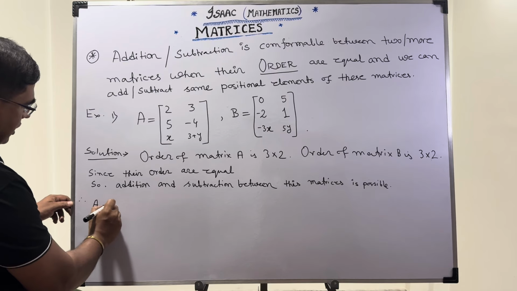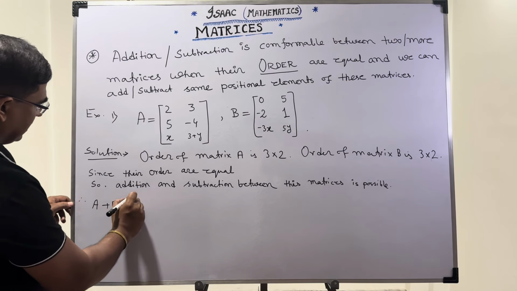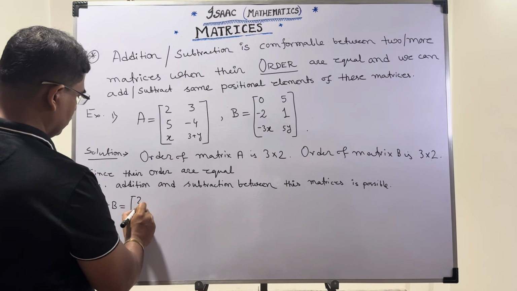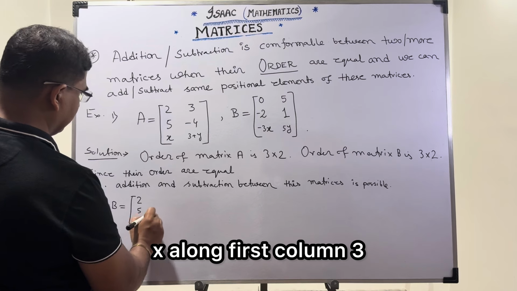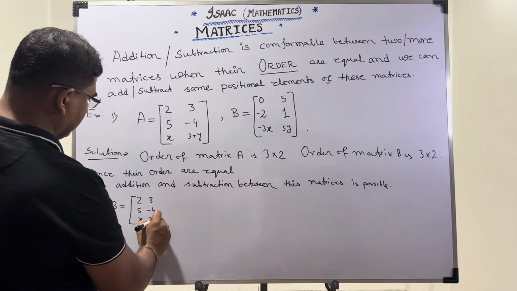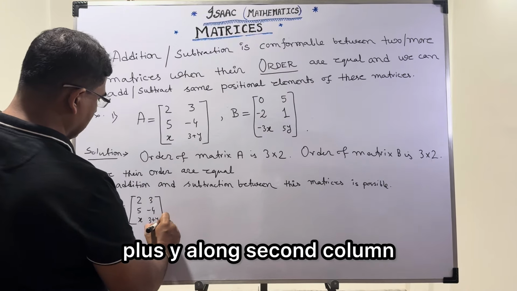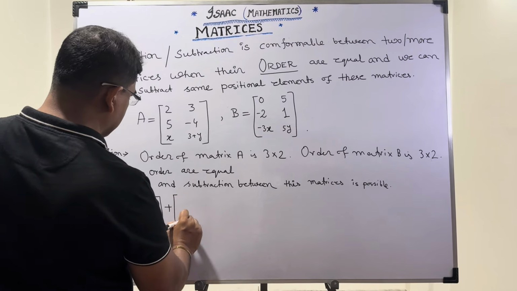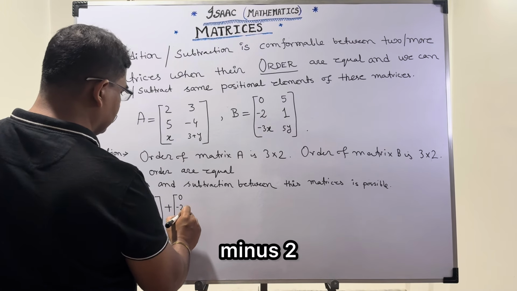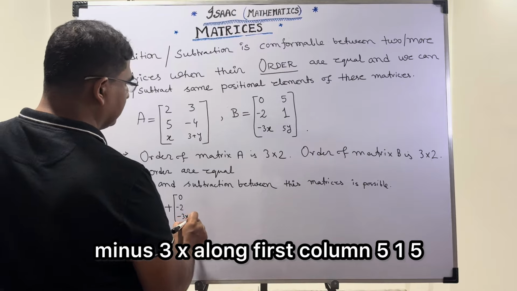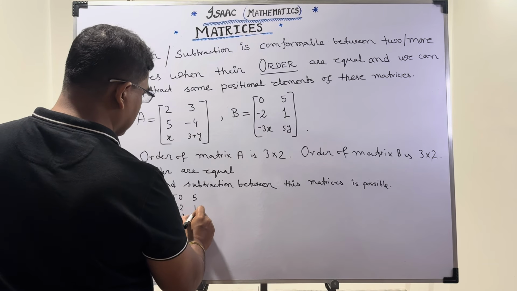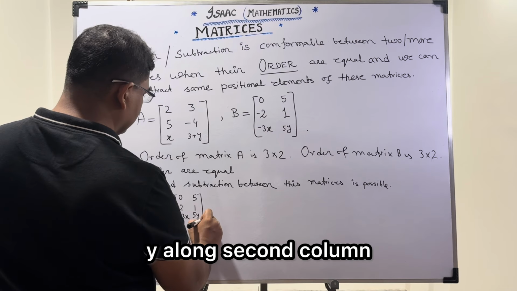Therefore, A plus B is equal to A, which means 2, 5, x along the first column, 3, minus 4, 3 plus y along the second column, plus matrix B, which is 0, minus 2, minus 3x along the first column, 5, 1, 5y along the second column.